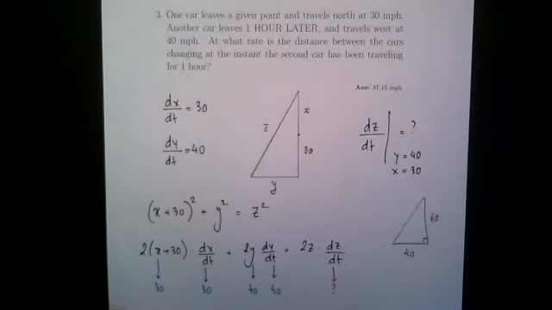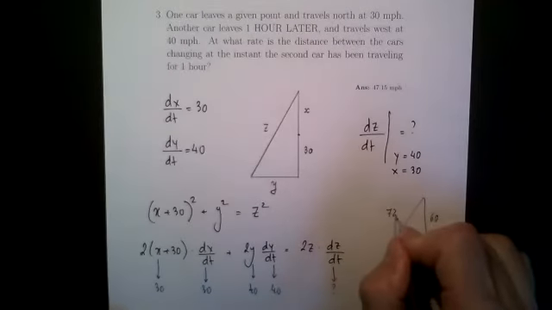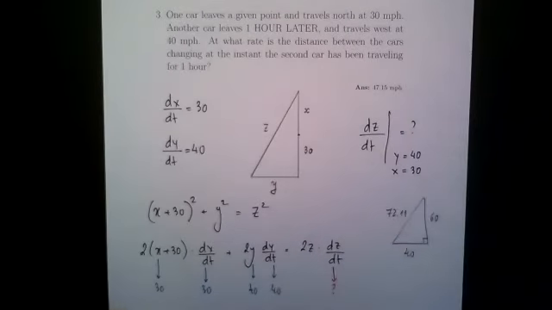So I do Pythagoras theorem, 60 squared plus 40 squared, square root, 72.11. So I have my Z also. And that's it.